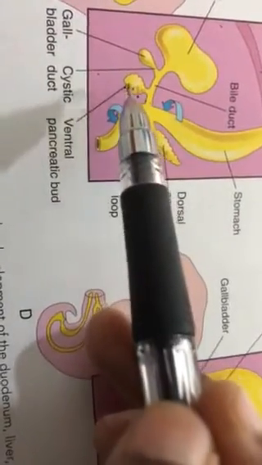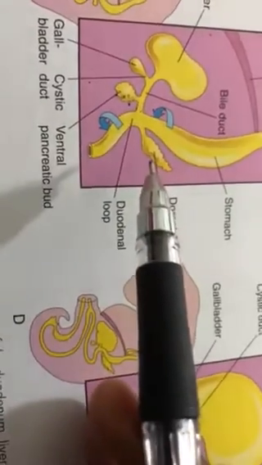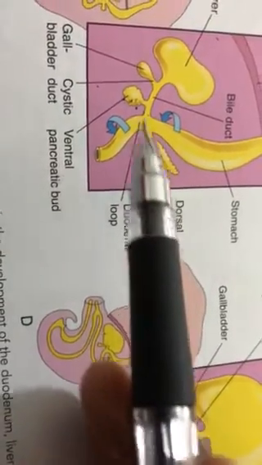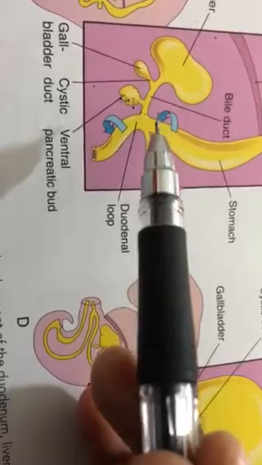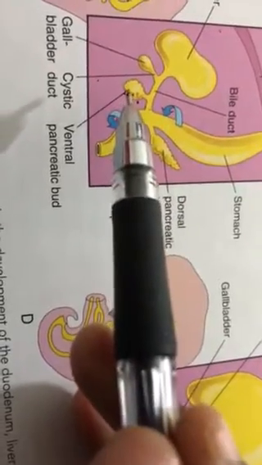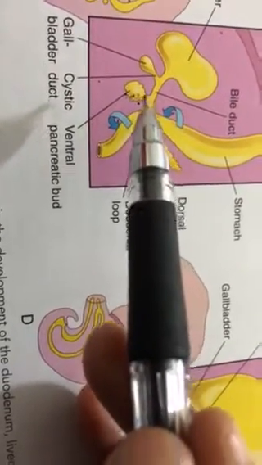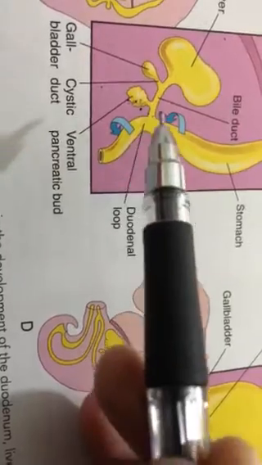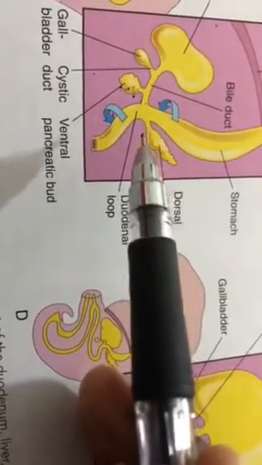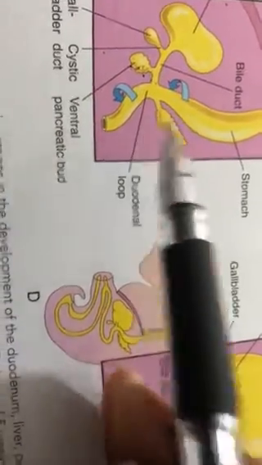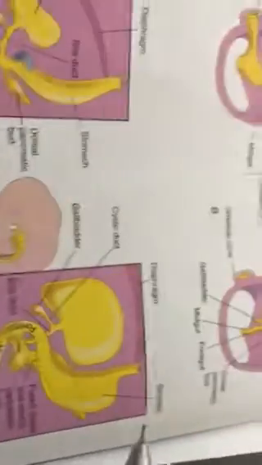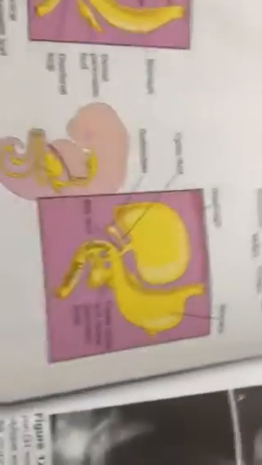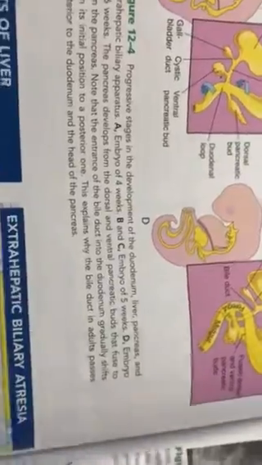So the ventral bud is formed inside the ventral mesentery, the dorsal bud is formed inside the dorsal mesentery. Third point, during the rotation of the gut, this ventral mesentery along with the bile duct goes posteriorly. It rotates posteriorly and goes back and settles down below the dorsal bud. Understood? Now the next thing is how the pancreatic ducts are being formed.